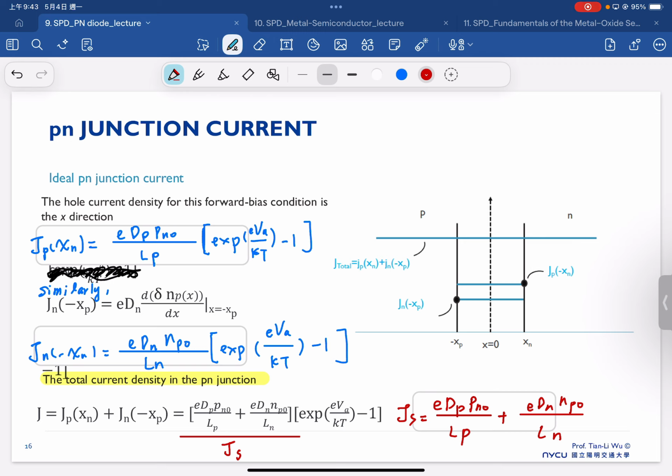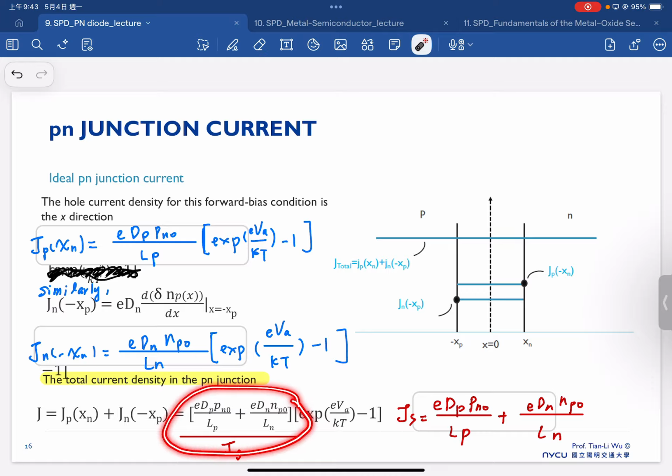So we can have this constant as a Js to represent this equation, because in this equation all the parameters are related to the initial and without any voltage dependency.